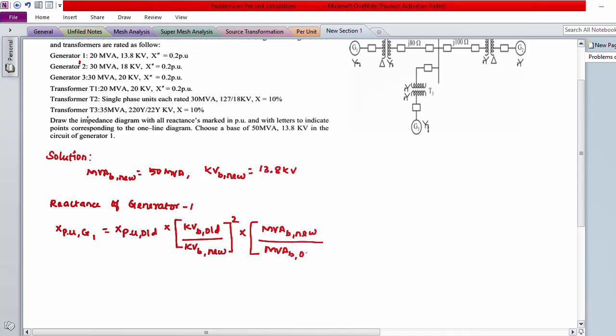So this is the formula for calculating the per unit reactance.